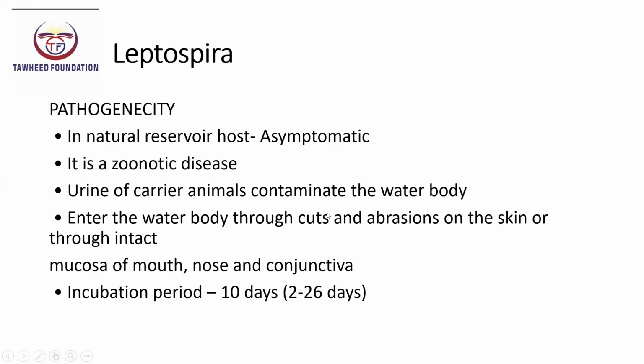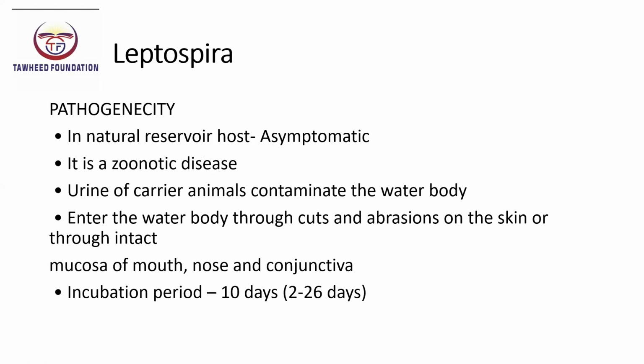Pathogenicity and transmission. As Leptospira are primarily zoonotic pathogens in their natural reservoir hosts such as rodents and domestic animals, infections are asymptomatic. However, the organisms are shed in urine, which contaminates soil and water.